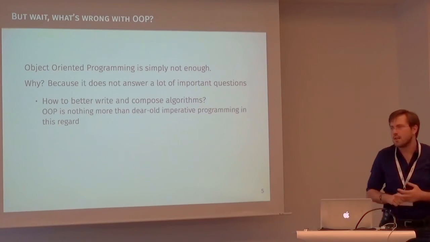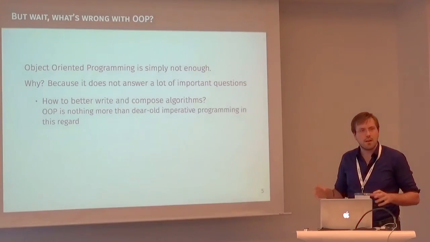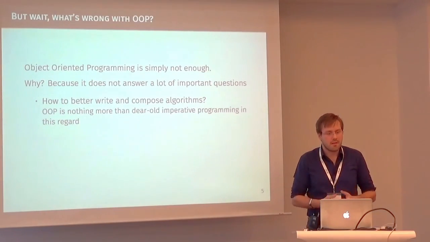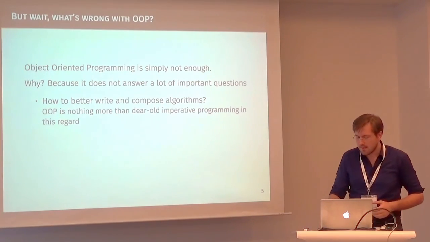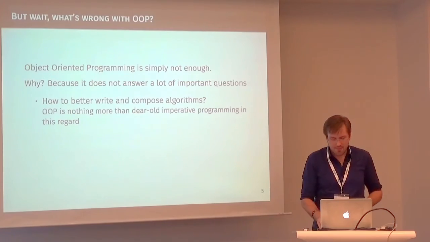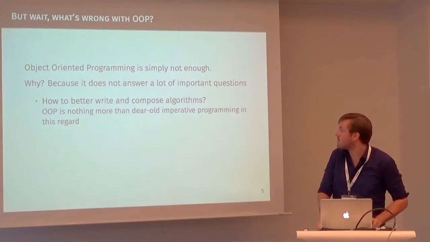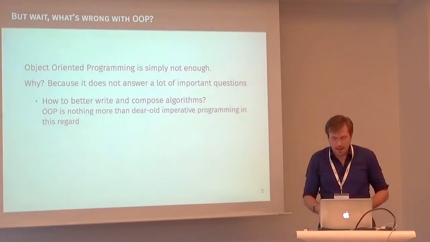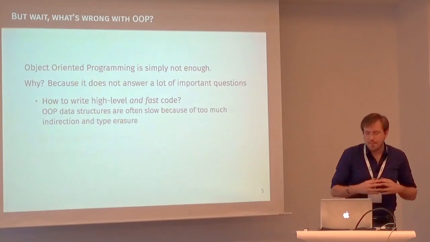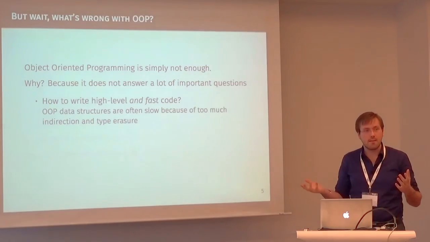Object-oriented programming talks about the large scale of software architecture, but when I write an algorithm, it is still the dear old imperative programming paradigm from ages ago. OOP doesn't help us to write, express and compose algorithms. And it doesn't help us to write code that is both high level and fast.